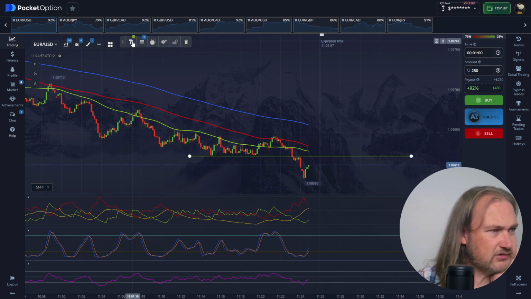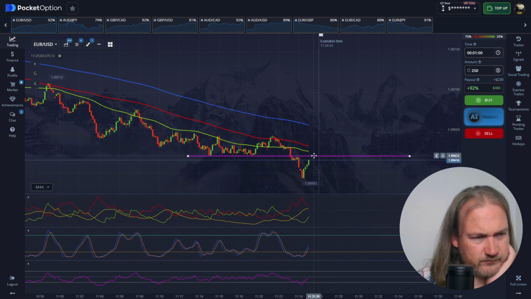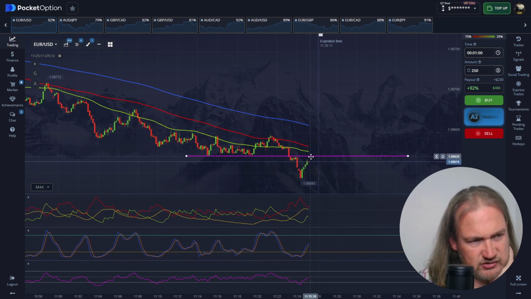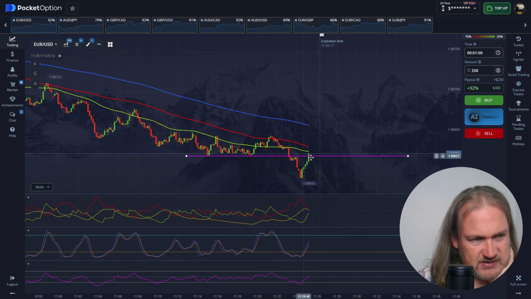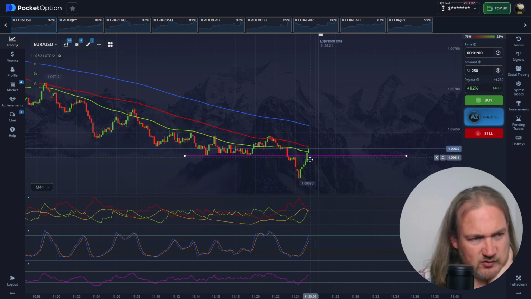It's possible we'll see price come up to here and then drop further, because in the next two candles, that should be the same as the 50 moving average. This is basically the same level. So we're going to see now if we have a drop or a push.